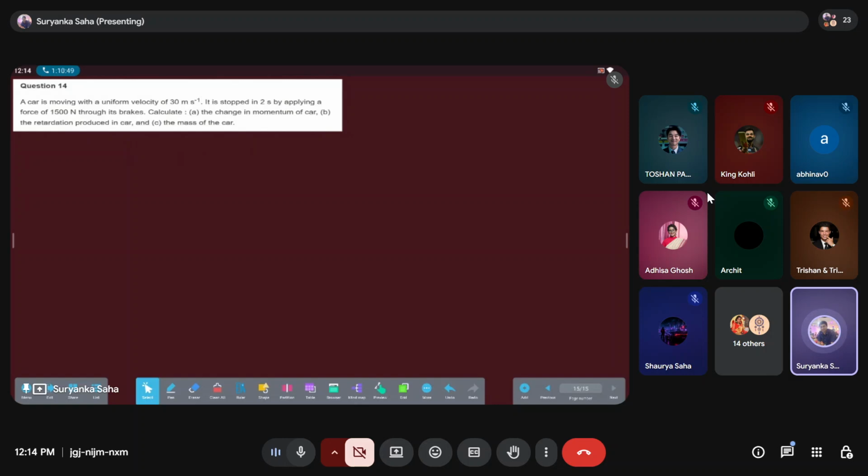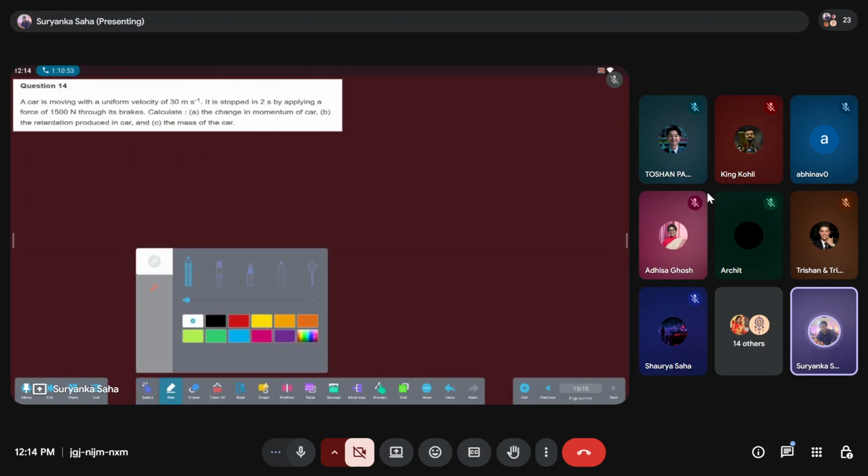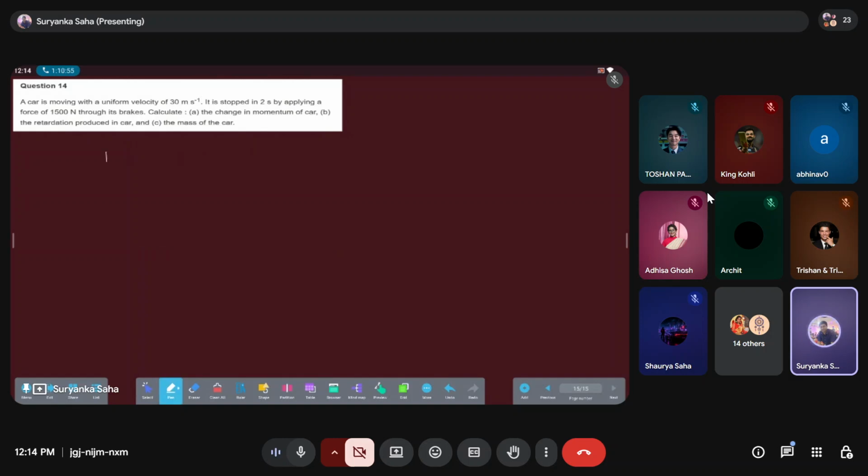Very good. So, a very easy question. Let me draw over here. This is the car which is moving with a velocity of 30 meter per second, and brake forces are applied in the opposite direction. This is the velocity direction. Brake force F is applied in this direction.